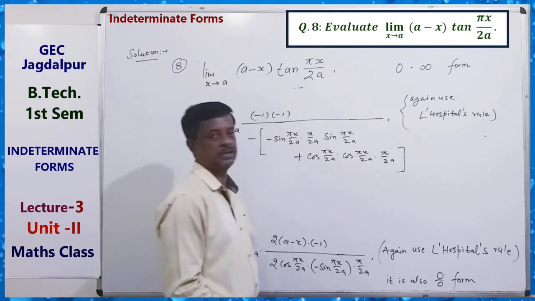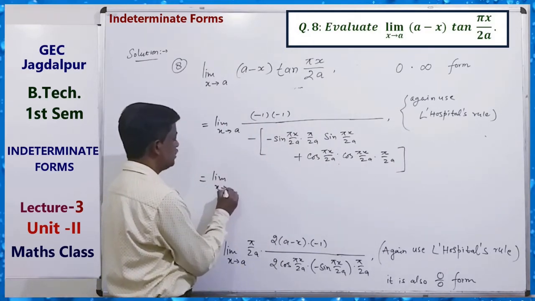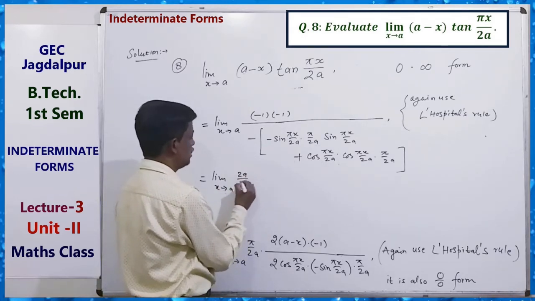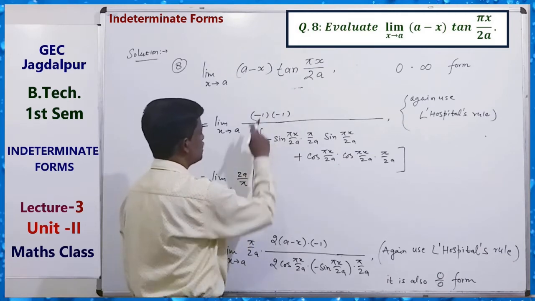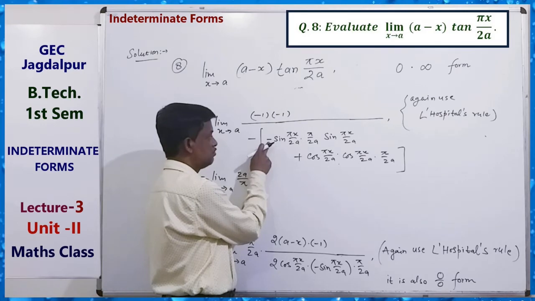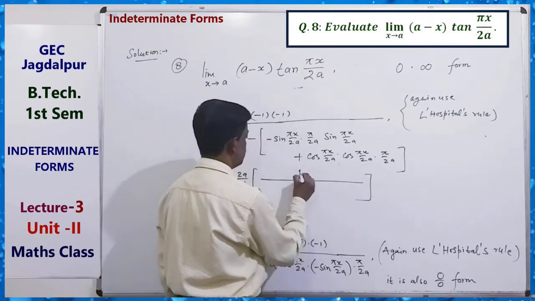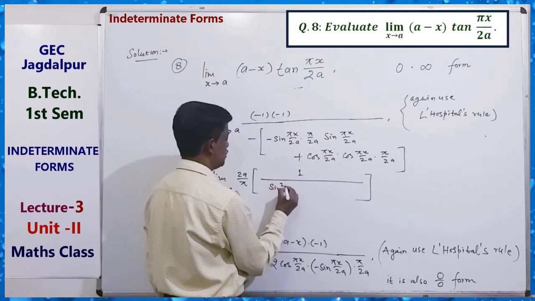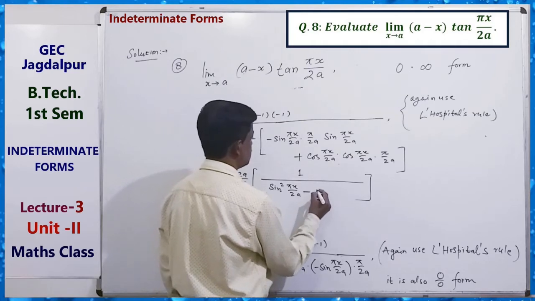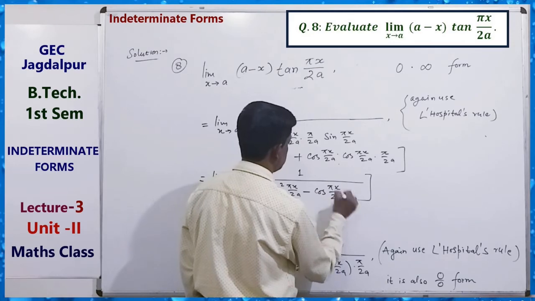So this we get. So here we see that in the limit x tending to a, pi by 2a is common, so 2a by pi. Just we can write here minus minus plus. Now minus plus sine square, 1 upon sine square pi x by 2a plus minus cos square pi x by 2a.